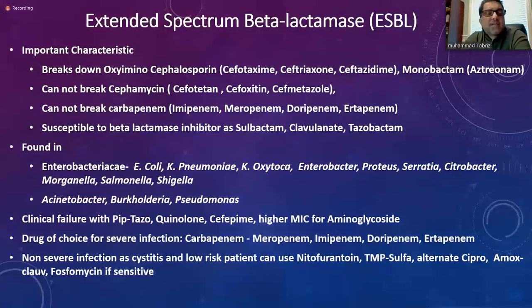So the important characteristic of ESBL organisms is that they are resistant to third generation cephalosporins, those oxyimino-cephalosporins that are supposed to be extended spectrum beta-lactams. So you look at the sensitivity, and you'll see cefotaxime, ceftriaxone, ceftazidime, as well as aztreonam, they are resistant, right?